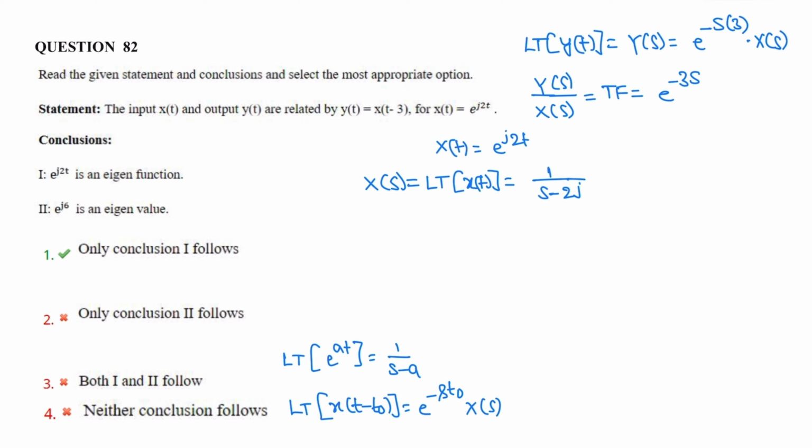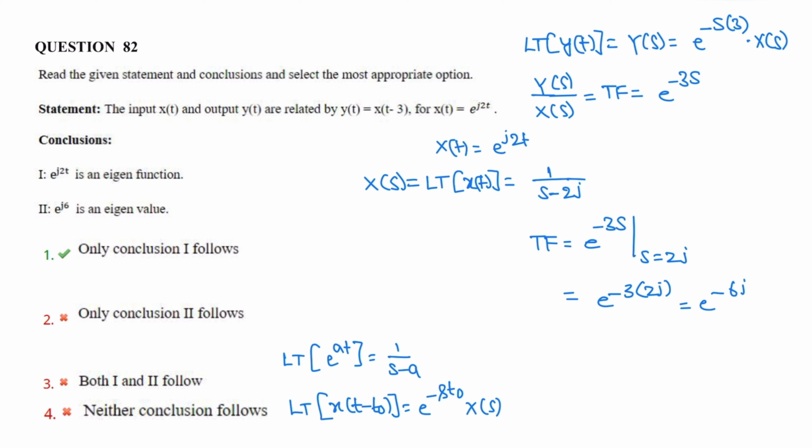In this transfer function e power minus 3s, replace s with 2j. It becomes e power minus 3 times 2j, that is e power minus 6j.